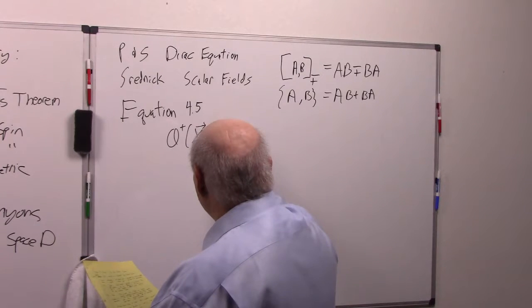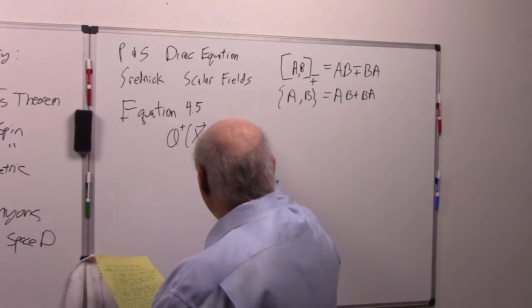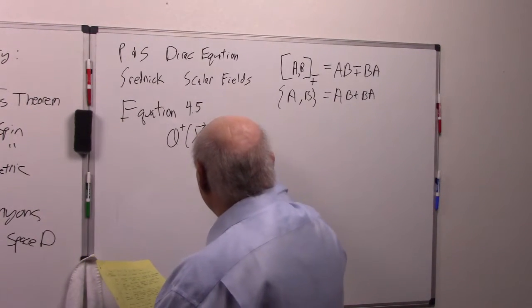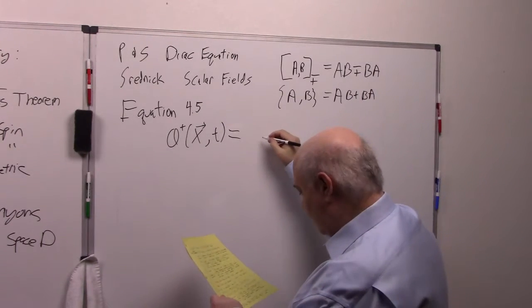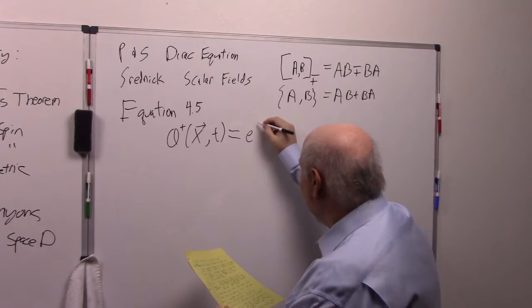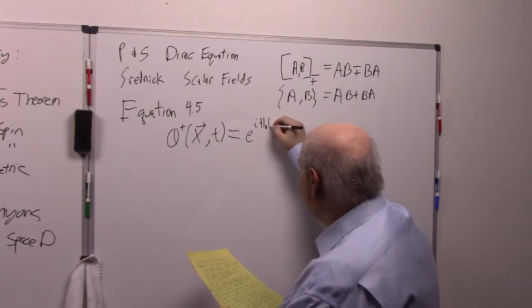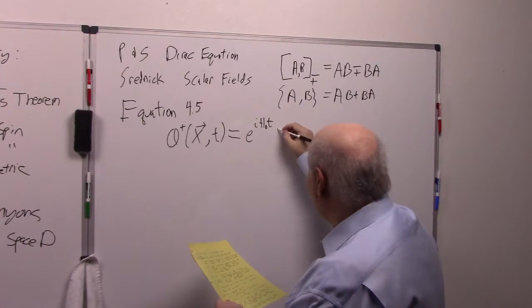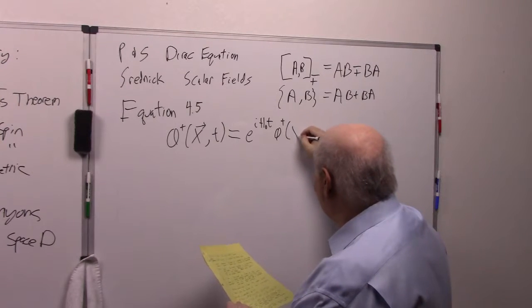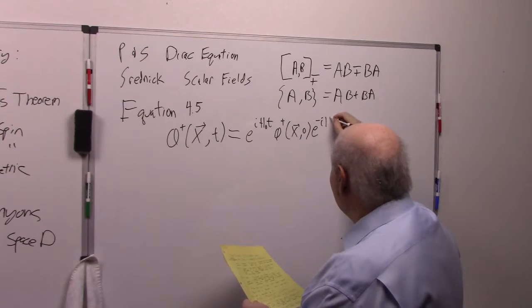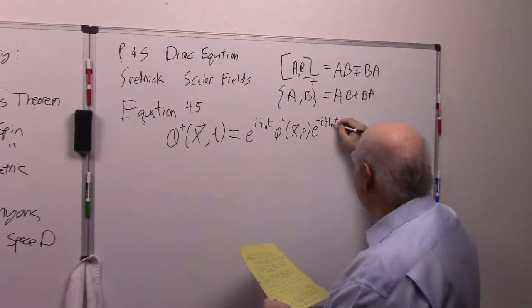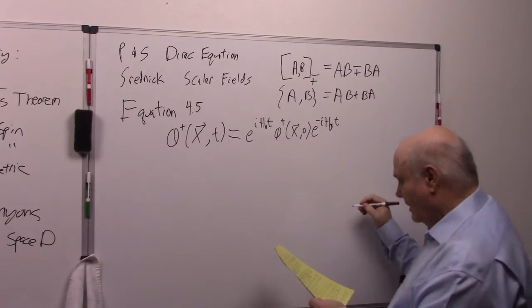The author defines some non-Hermitian fields, sort of like he's breaking down the scalar field into its components. Phi plus is equal to e to the i H0 t phi plus of x comma 0 times e to the minus i H0 t.